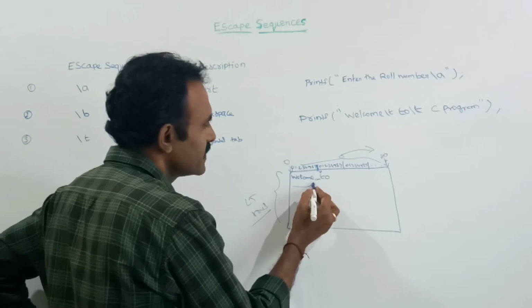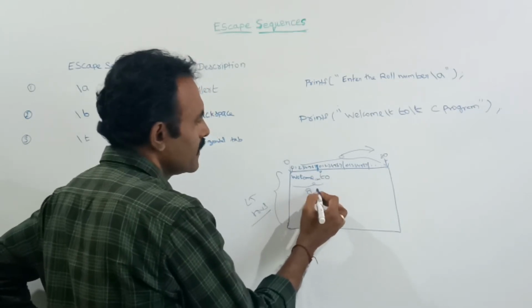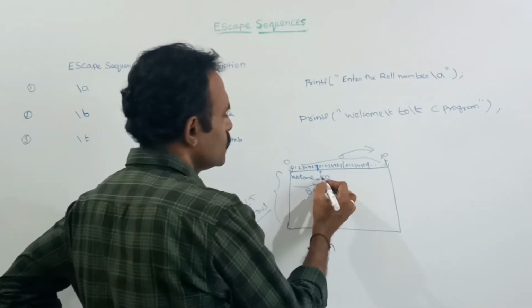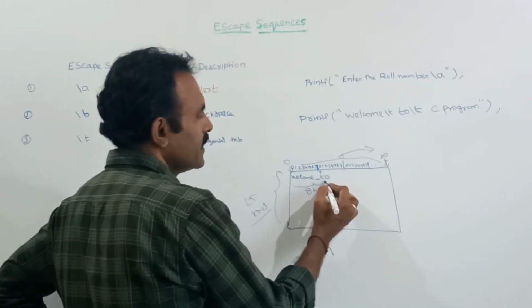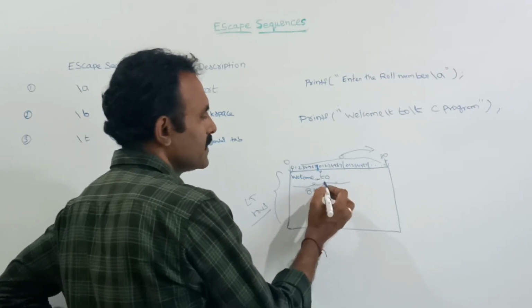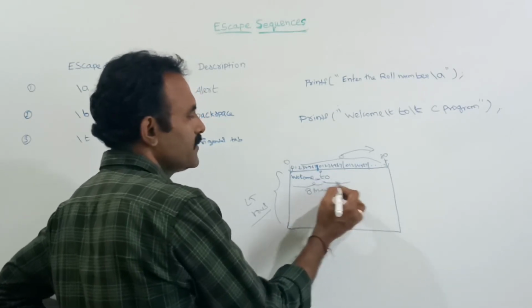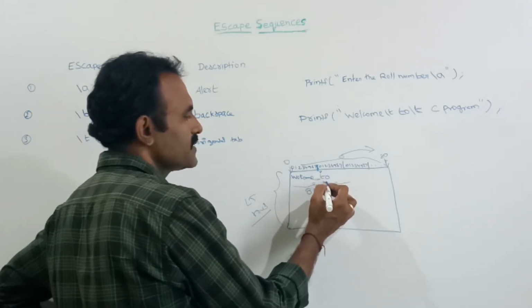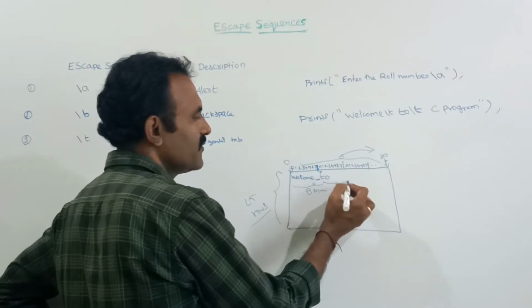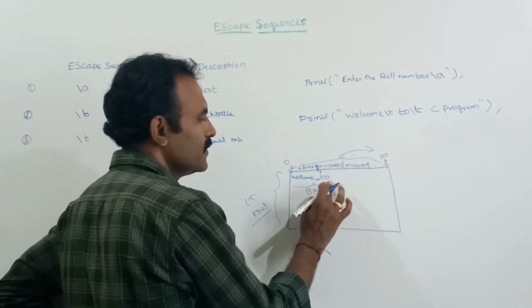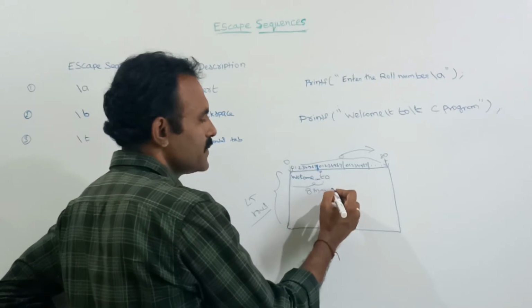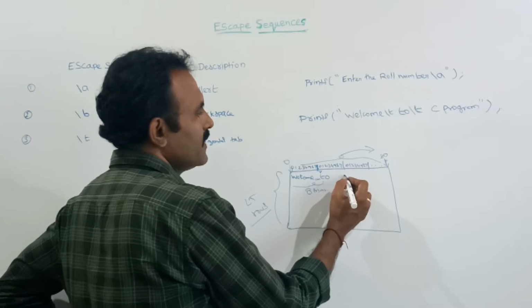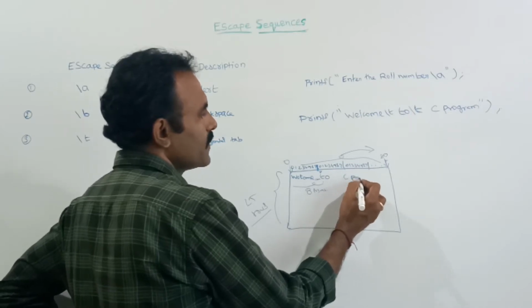This is the first 8th position. After this 2, 1, 2, here also it will take the 8th position. In the 8th position, T occupies the first position and O occupies the second position. So out of 8, the remaining 6 spaces are left, so it leaves 6 spaces. After that it will print like this, C program.